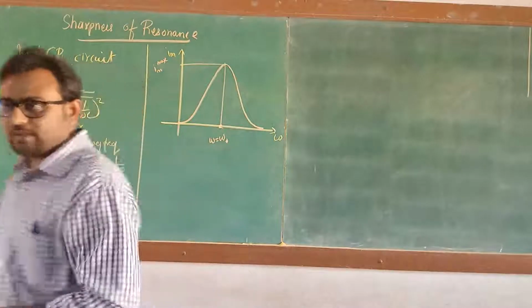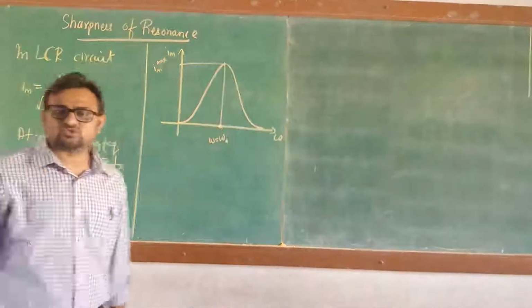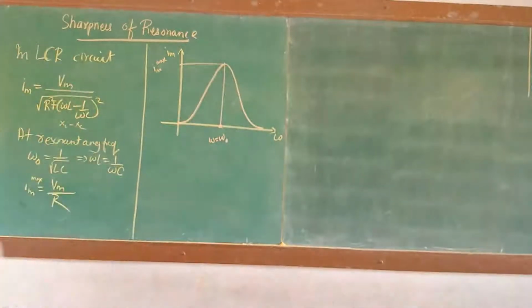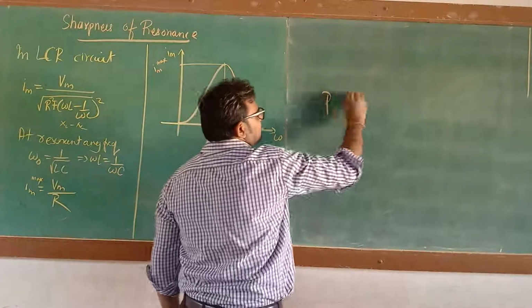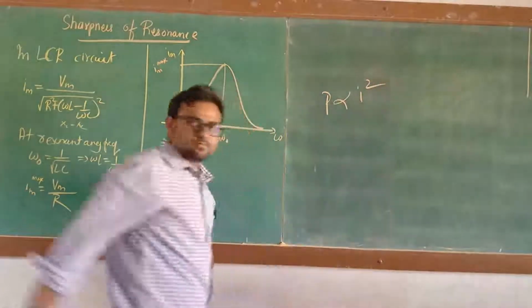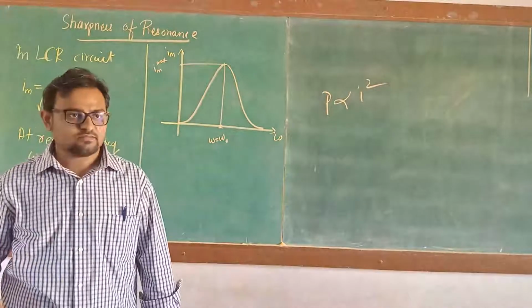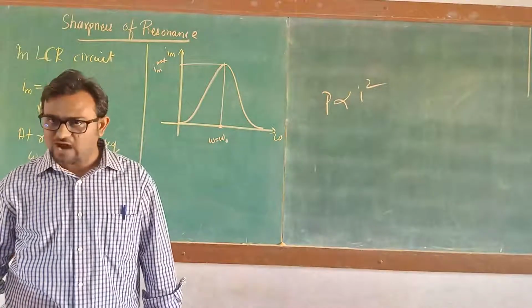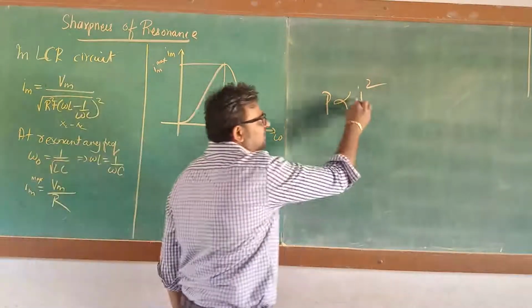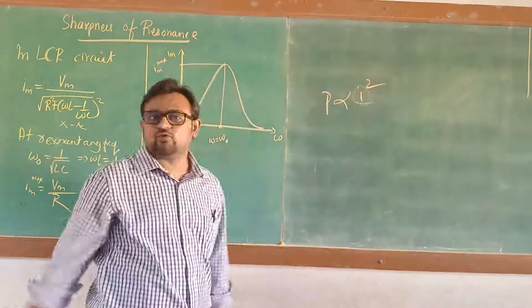Now we know that power P is proportional to I square, right? If I want half power, then at that time the current must be I by root 2.